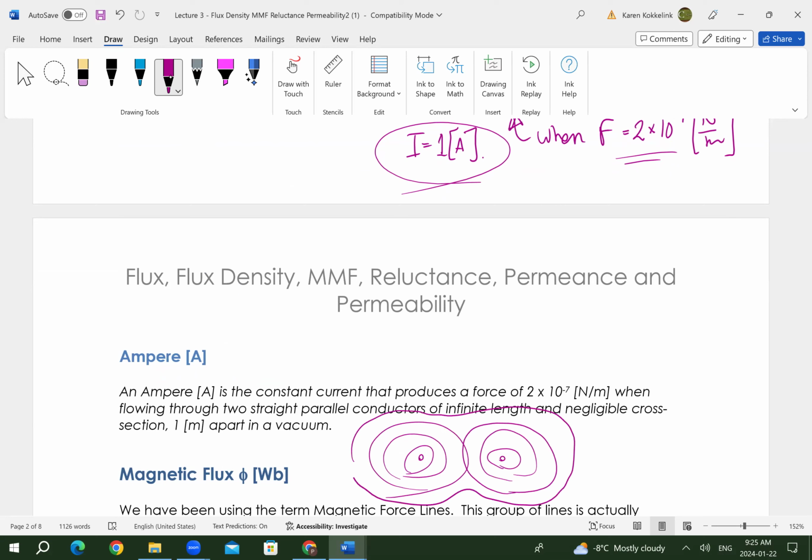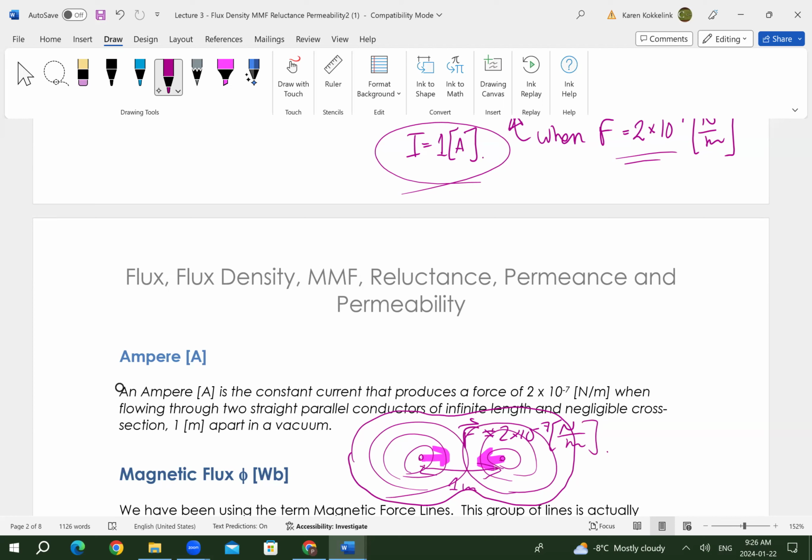Two current carrying conductors, electricity moving in the same direction, lines of flux unite, which make that line of flux pull these two current carrying conductors towards each other with a force of 2 times 10 to the negative 7 newtons in their distance of 1 meter in a vacuum.